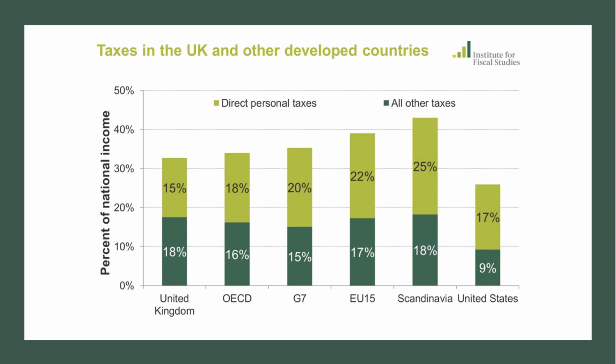It's relatively low, certainly compared to the OECD average. And notice too how in Scandinavia, Sweden and Denmark and those countries, the tax burden is much higher, certainly contrasted with the United States, but the ratio between direct personal taxes and all other taxes is significantly higher. Those countries have very progressive income tax systems.